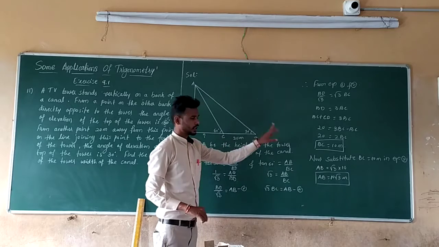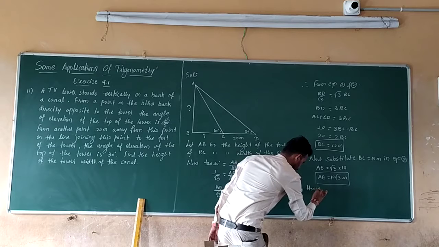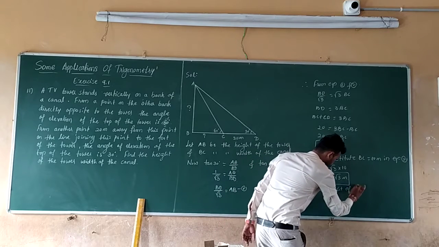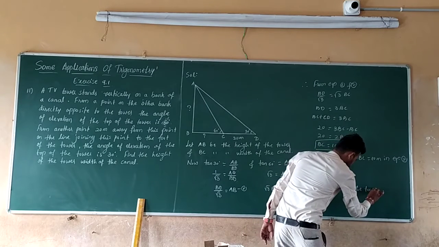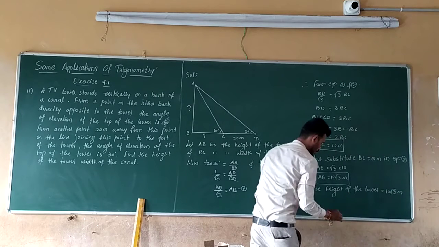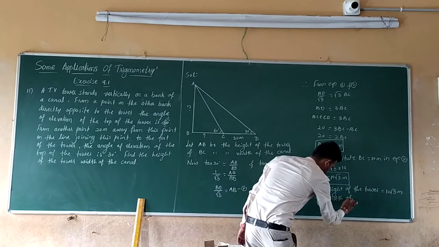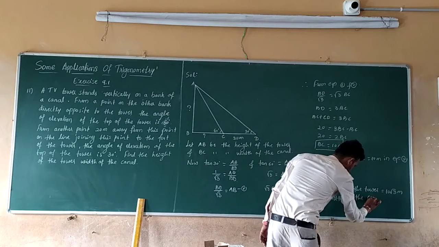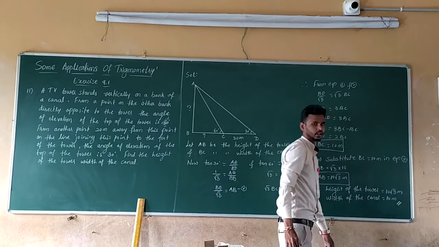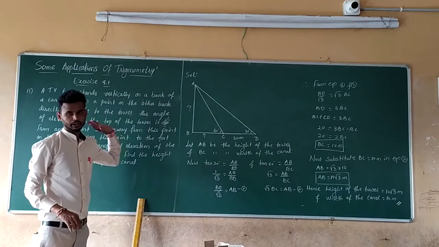Hence, the height of the tower is 10 root 3 meter and the width of the canal is 10 meter. So this is the solution of the 11th question.